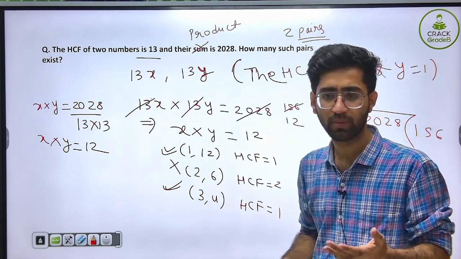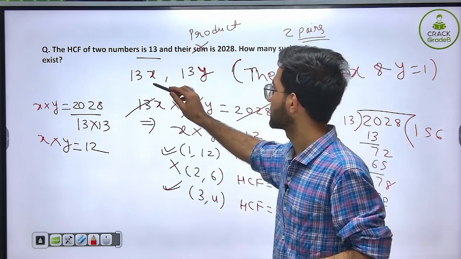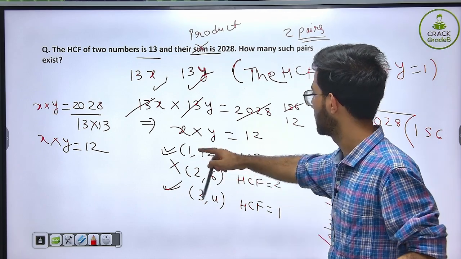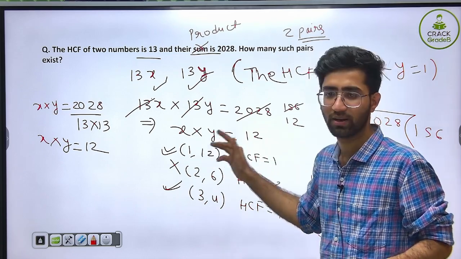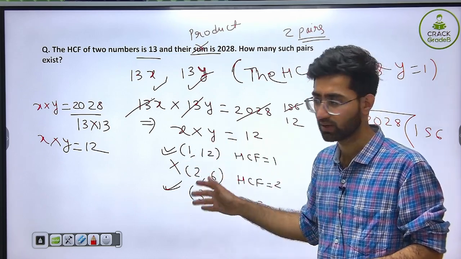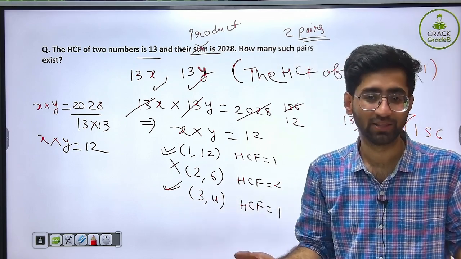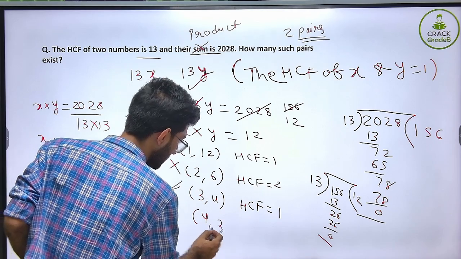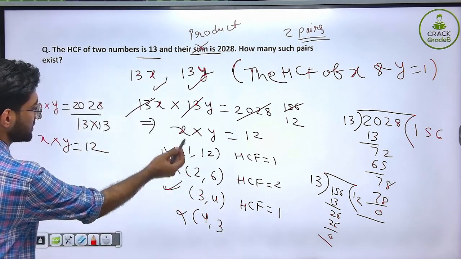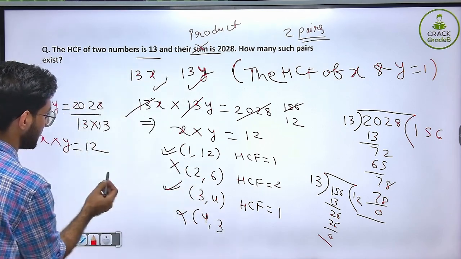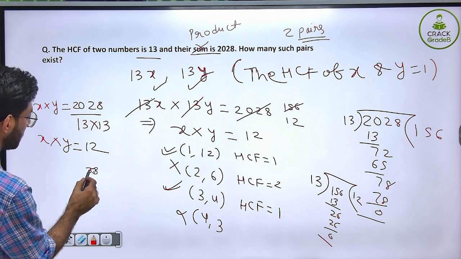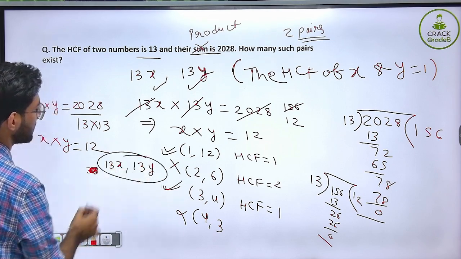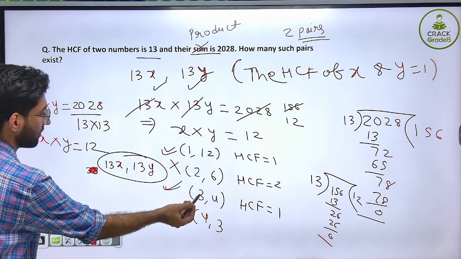So the simple approach, if you get this kind of questions, is 13x and 13y, then you can write the product, and you can assume 1 into 12 is 12, 2 into 6 is 12, 3 into 4 is 12. Why don't we take 4 and 3? The reason is simple. If the value of x is 3 and the value of y is 4, our numbers are 13x and 13y, right?